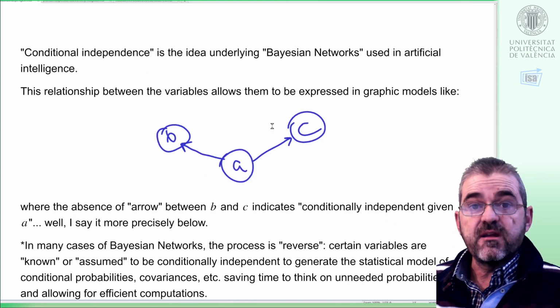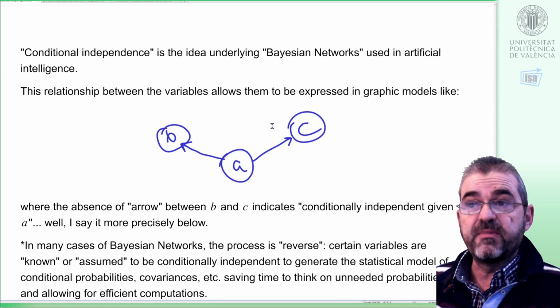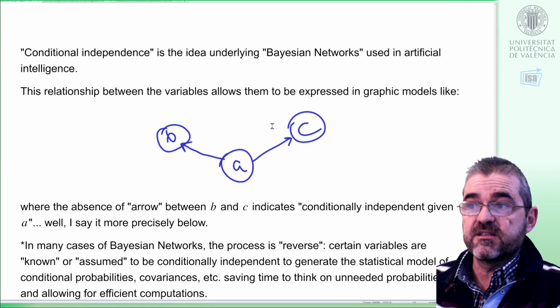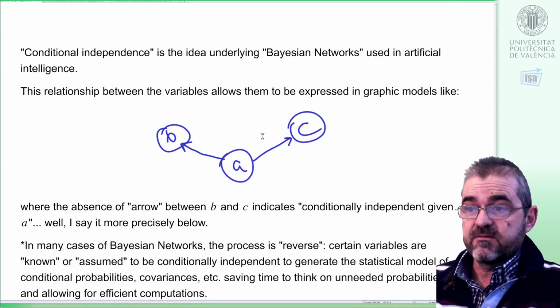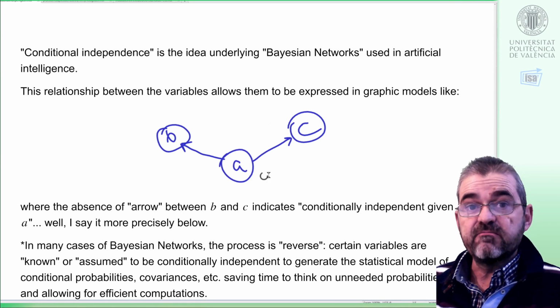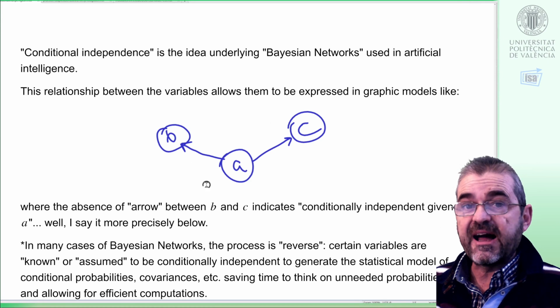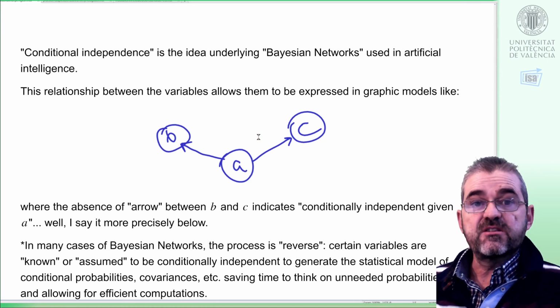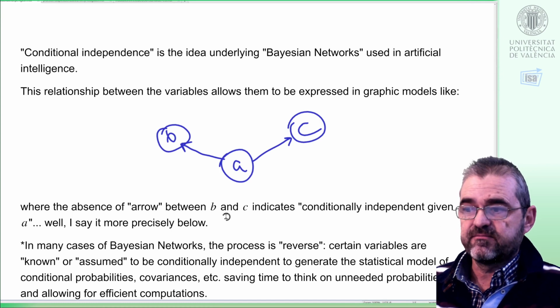So, as I mentioned, the idea of conditional independence is underlying the so-called Bayesian network paradigm used in computer science, artificial intelligence, etc., in which we have some random variables joined by arrows, and the absence of an arrow indicates conditional independence.